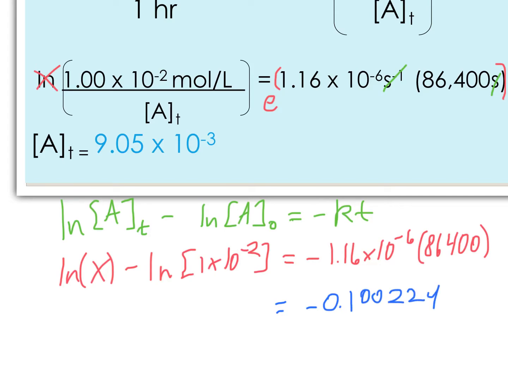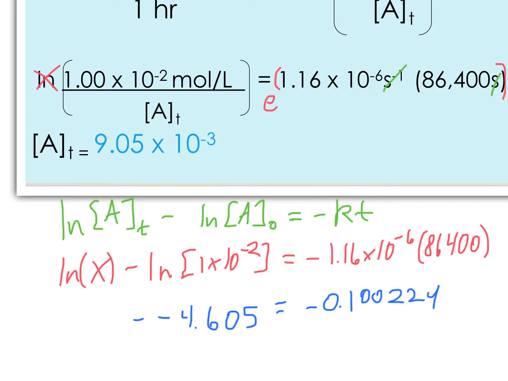0.100224. If I put this into my calculator, just hit the ln button of 1 times 10 to the negative 2, I get negative 4.605, which is subtracting a negative, which is the same thing as adding a positive.